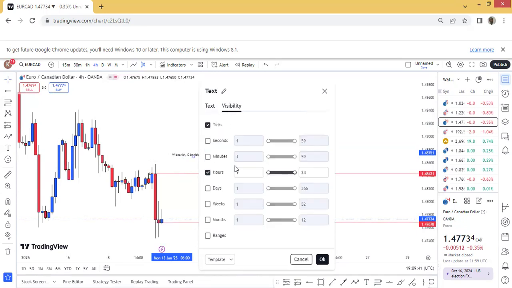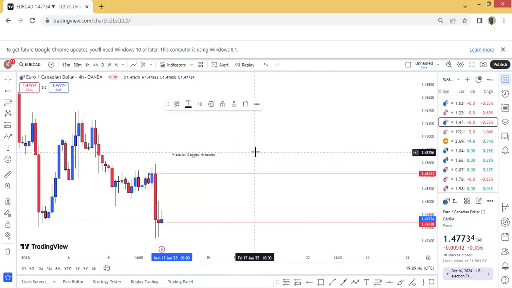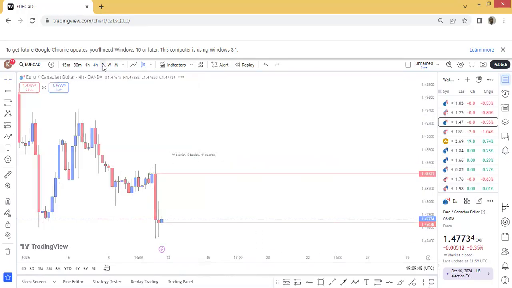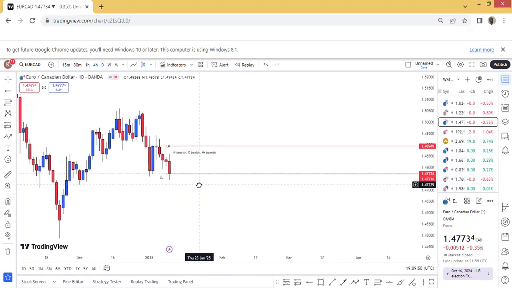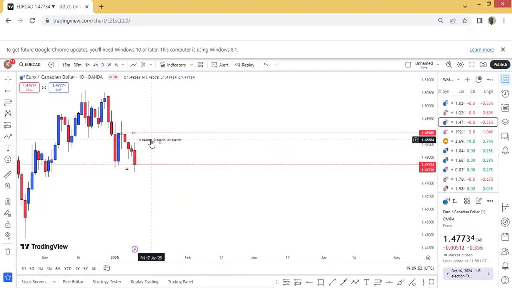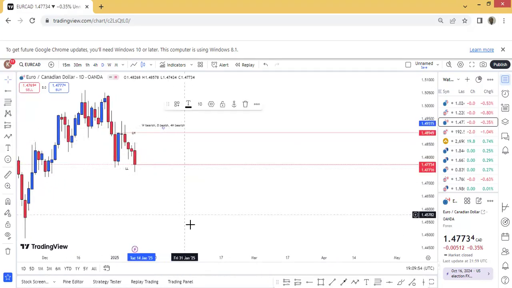So we want to make sure we see it on all the time frames, so that in whatever time frame we are looking at the chart, we will know. So for this, where are we likely going to sell from?